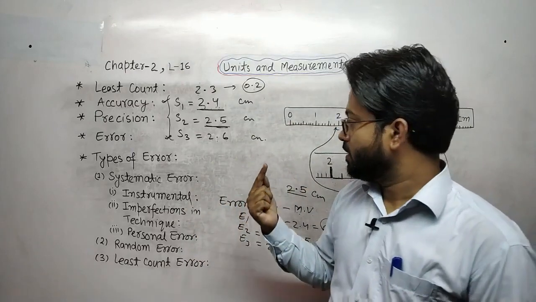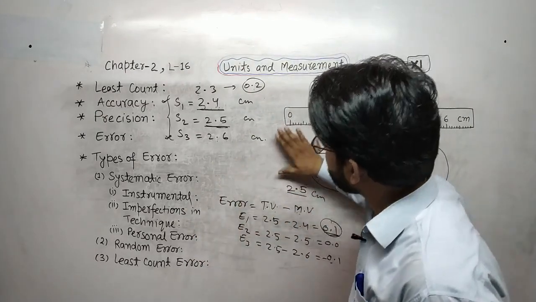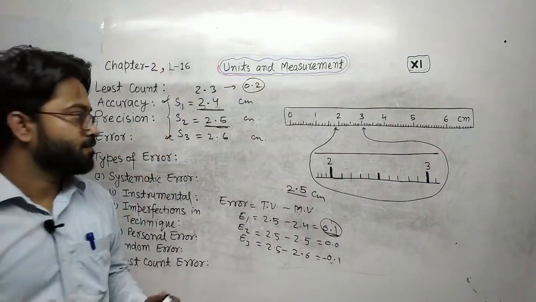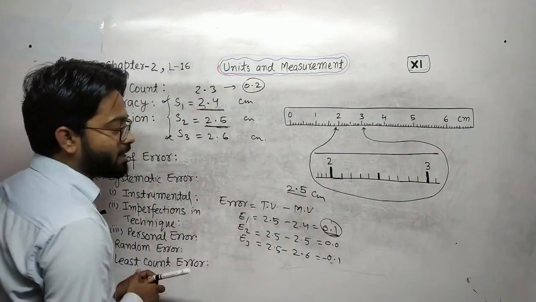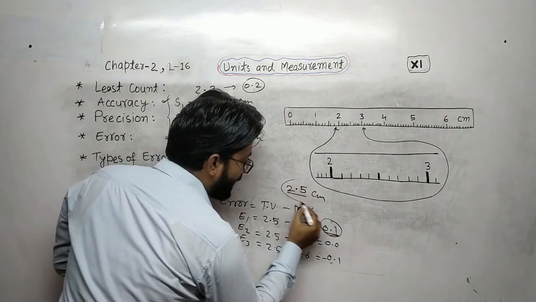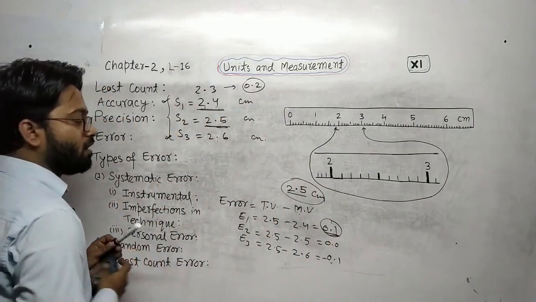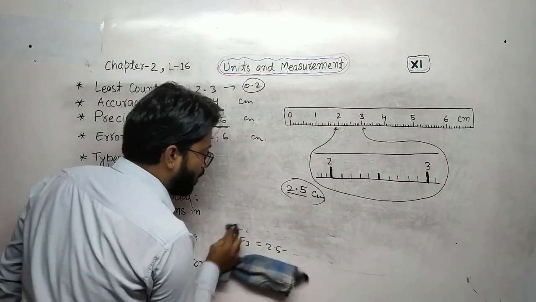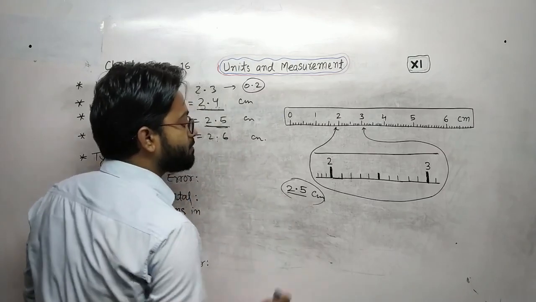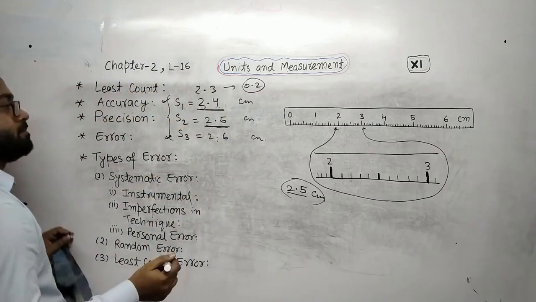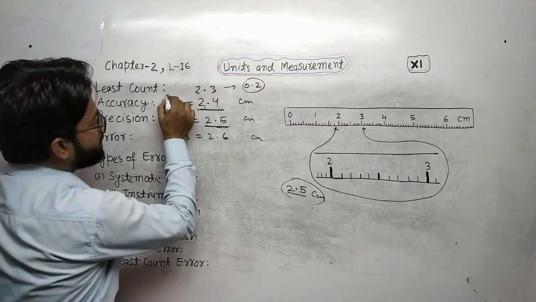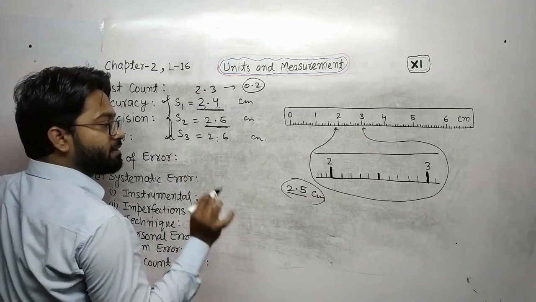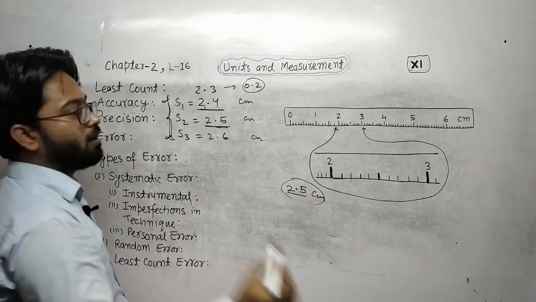One point I would like to discuss with you: in the question, the true value or actual value of the stick is not given. If the true value or actual value of the measurement is not given, what will you do? The mean of the measured values will be treated as the true value or actual value.